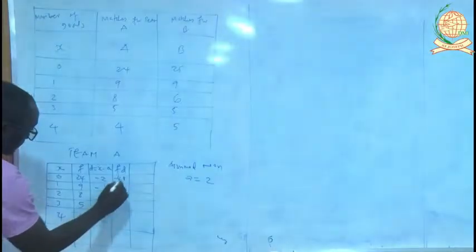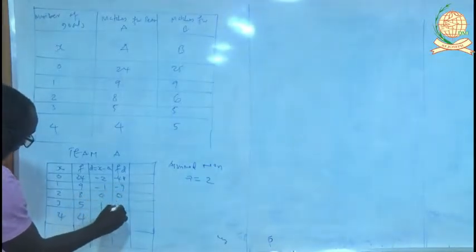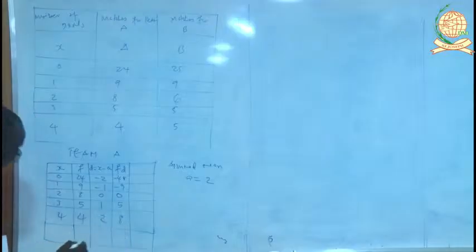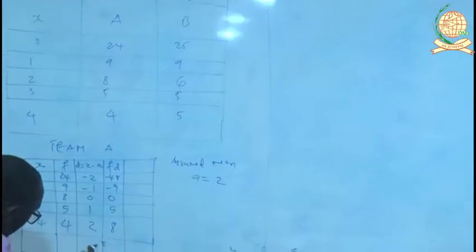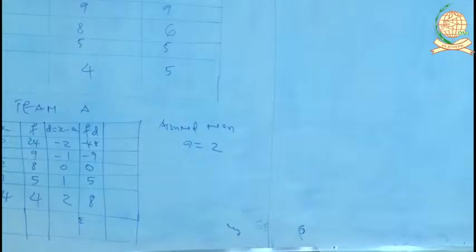You can see fD here is negative 48, here negative 9, 0, then 5, and here 8. And you have to find the summation of fD, the sum of the column, vertically upward.